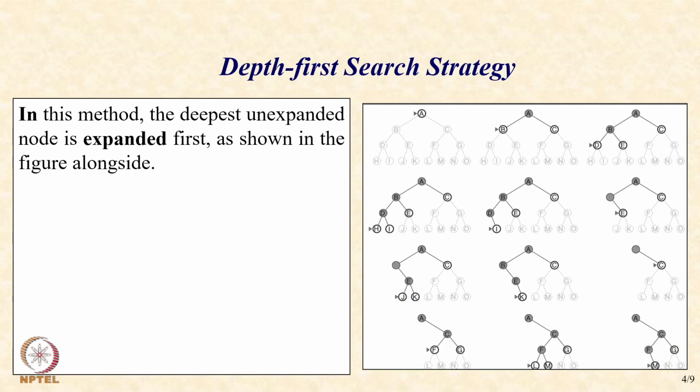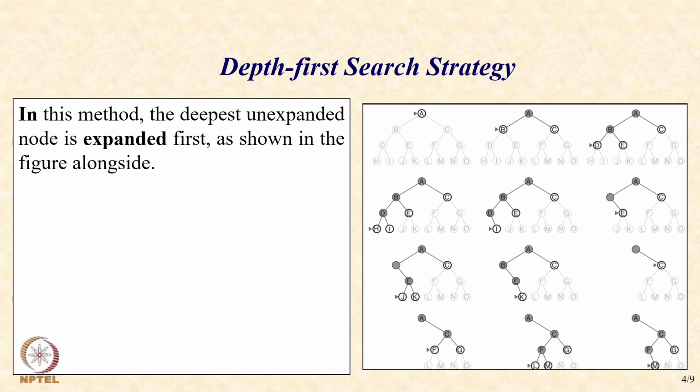Once you have expanded B to D and E, you go to D and go further down and expand H and I. Now let us assume that beyond H and I there are no further successors.